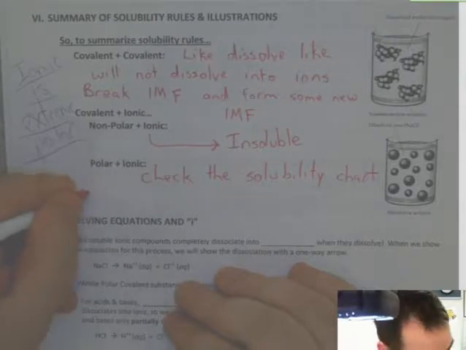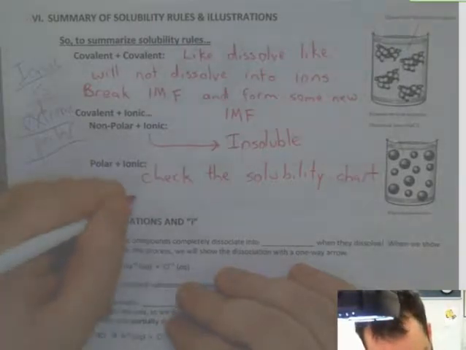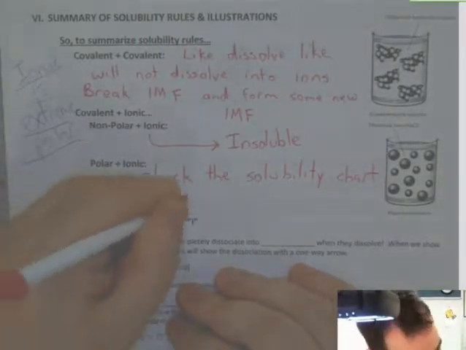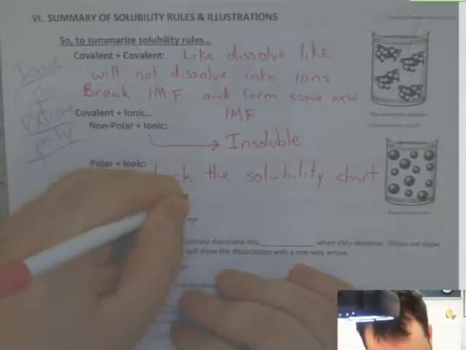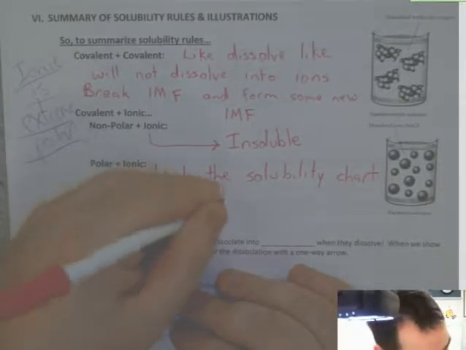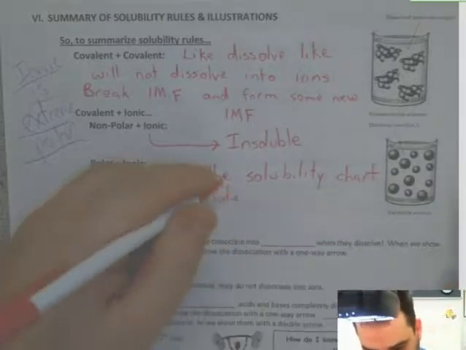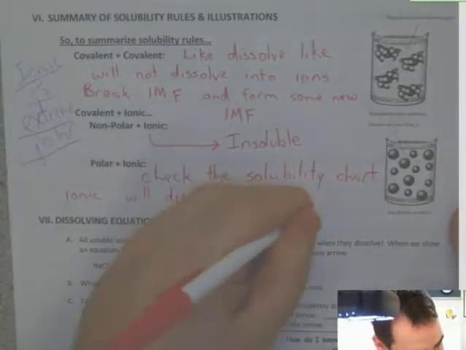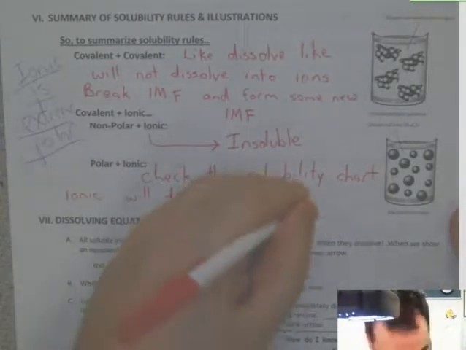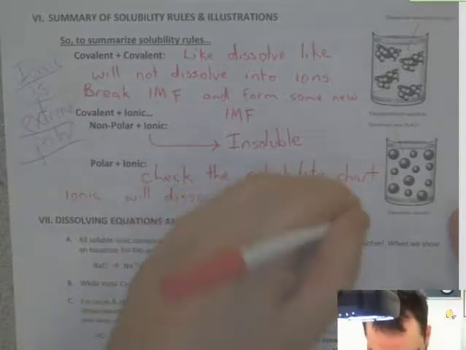Ionic compounds will dissociate into ions when dissolved.